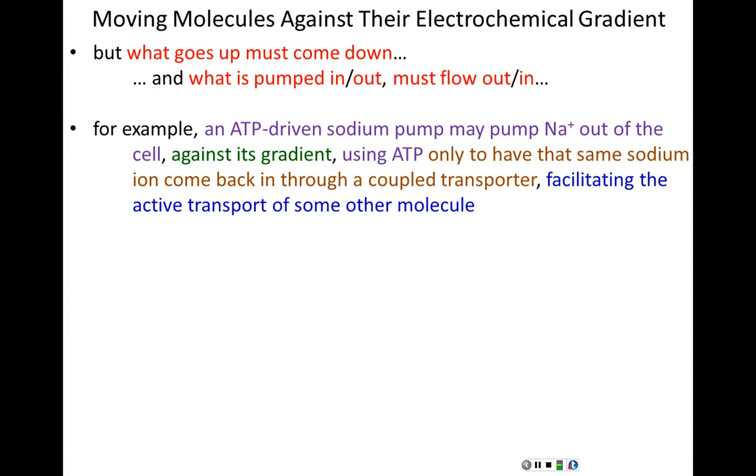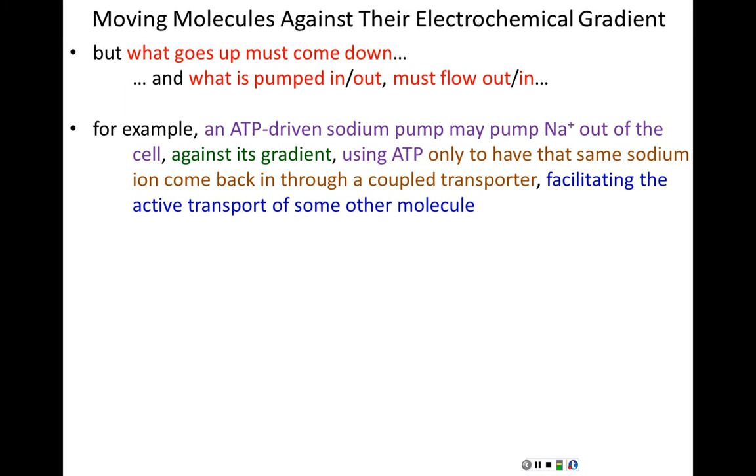So, for example, if you have an ATP-driven sodium pump, which is pumping sodium out of the cell against its gradient using energy from ATP, sooner or later that sodium is going to come back in. And most often it's going to come back in intentionally through a coupled transporter. Why is that important? Well, sodium rushing back in, following its gradient, is providing some energy for coupled transport, facilitating the active transport of some other molecule.